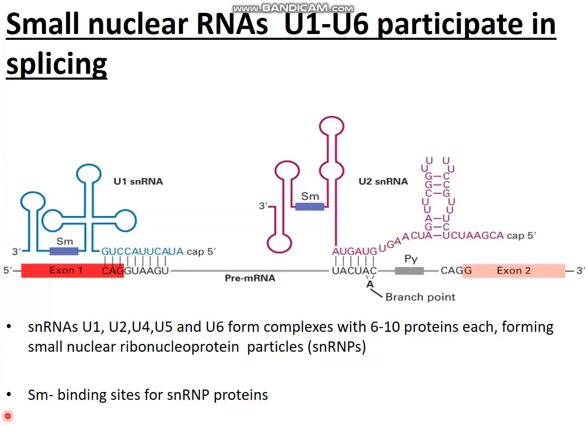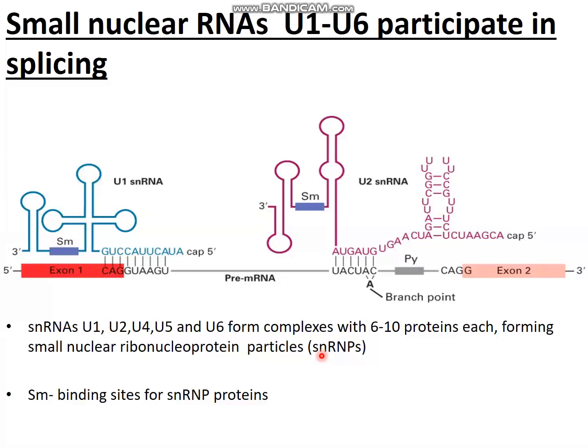The 5 RNAs are U1, U2, U4, U5 and U6, which are collectively known as snRNAs, or small nuclear RNAs. Each of these RNAs is between 100 to 300 nucleotides long and is complexed with several proteins. These RNA-protein complexes are known as snRNPs, or small nuclear ribonucleoproteins.